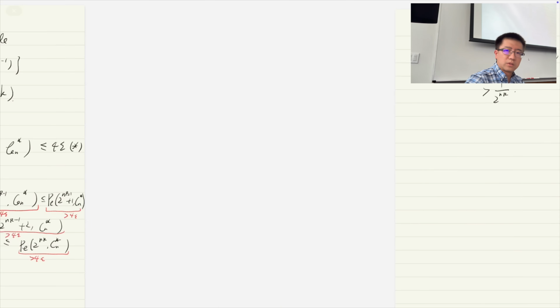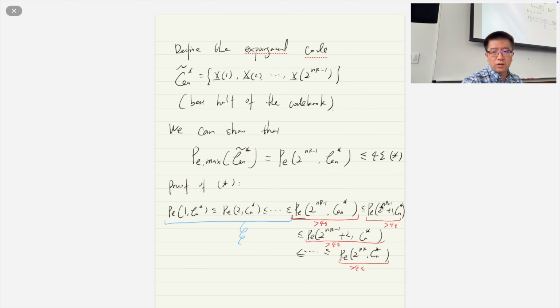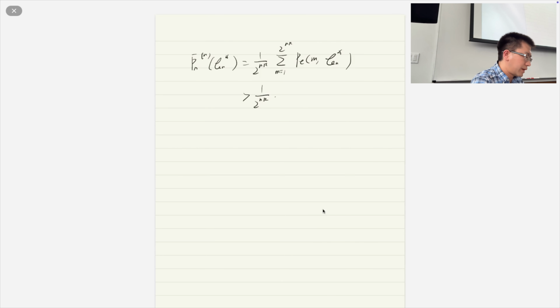This guy is all of those plus this number. We know from here to the end is half of the codewords, and then we need to consider this one more here. So the total number of items here is 2^(nR) minus 1 plus 1. And then we assume each of those is bigger than 4 epsilon.